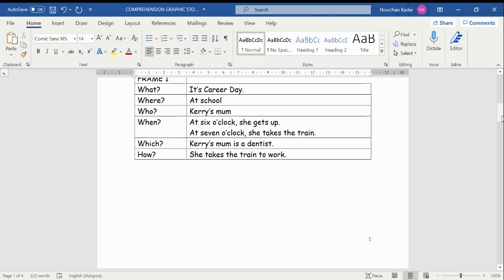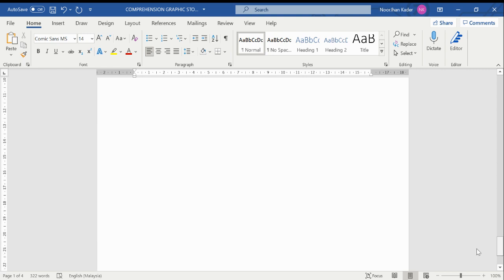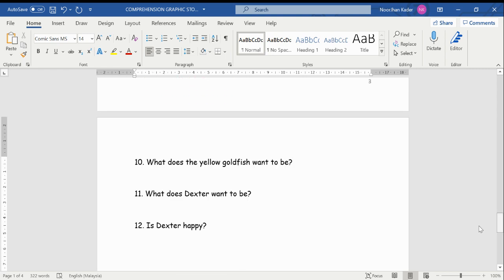Normally, comprehension questions will start from the first part of the story to the end, in sequence. It will not be jumbled up, because comprehension questions are based on each frame. So when number 10 asks, what does the yellow goldfish want to be?